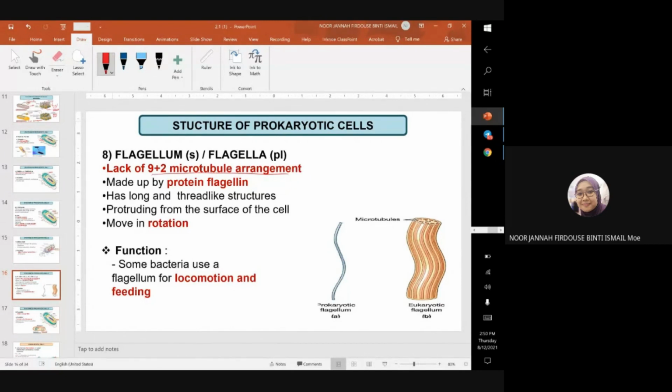The flagellum is made up of the protein flagellin, has long thread-like structures protruding from the surface, and moves in rotation. Okay, can you name one cell in animals that has a flagellum? In animal or in eukaryotic cell?